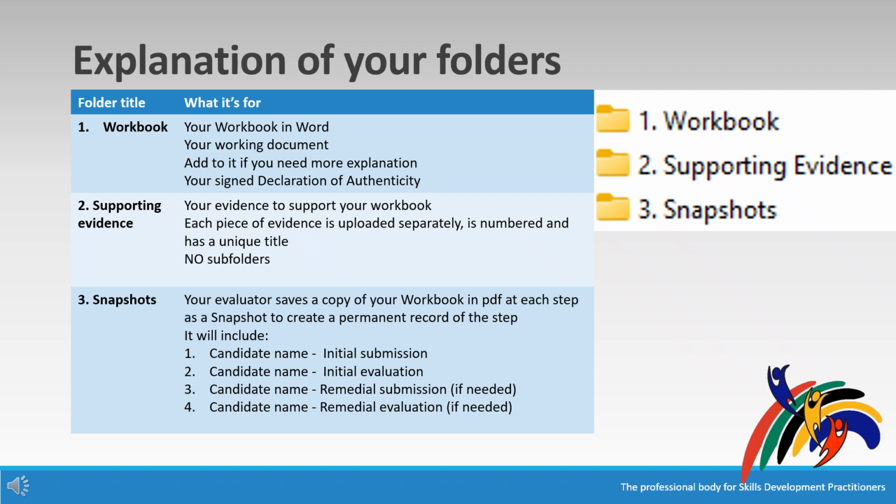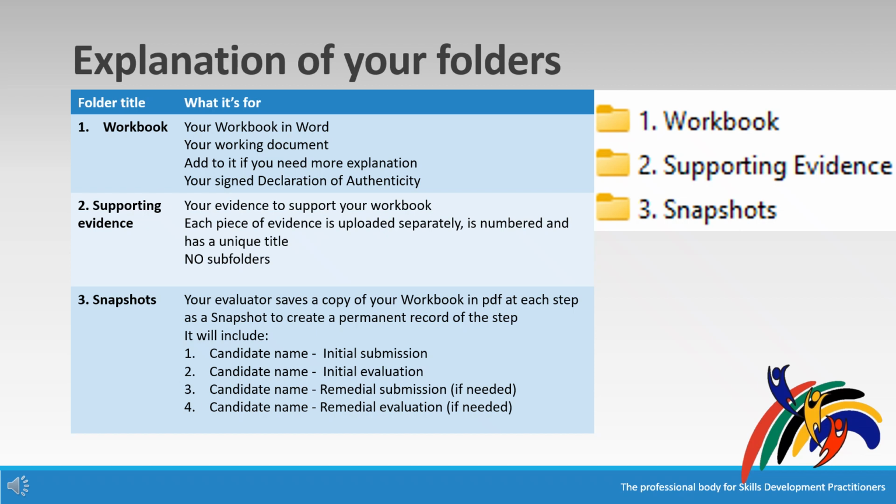If you need to do a remedial submission, that will be in the same workbook in Word. You'll add more information into it and you'll upload it again. When your evaluator sees it, they will then save that again as a snapshot, and they'll give it a unique name, now 3.yourname, remedial submission.